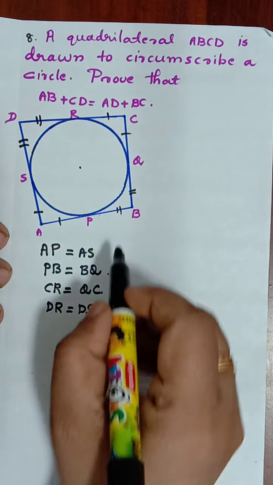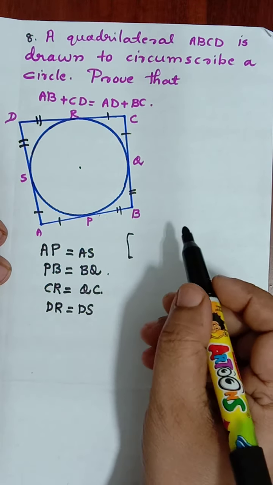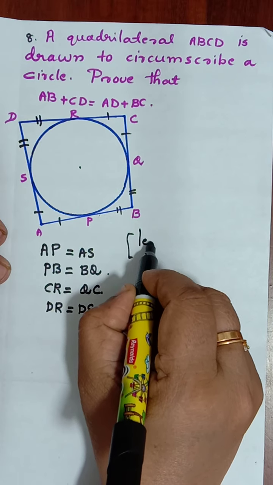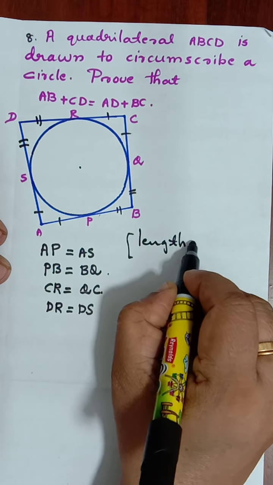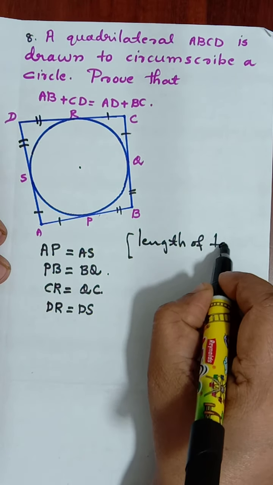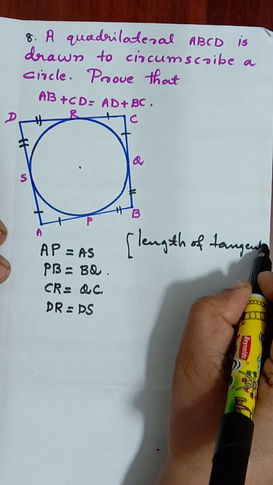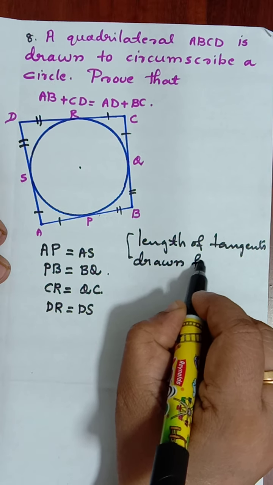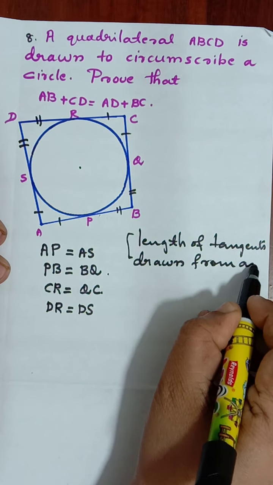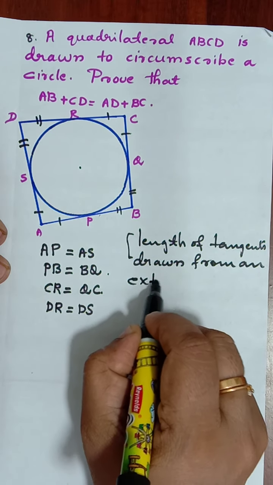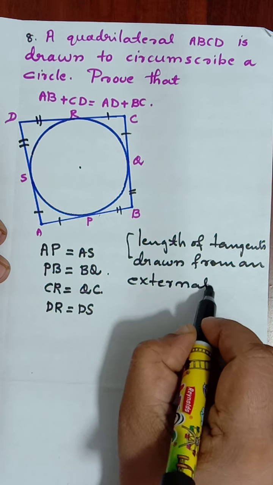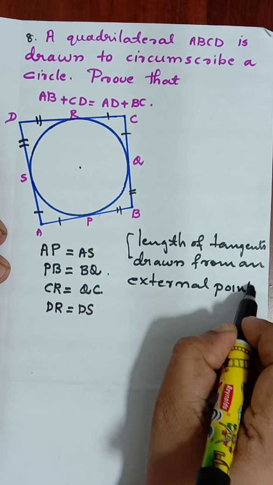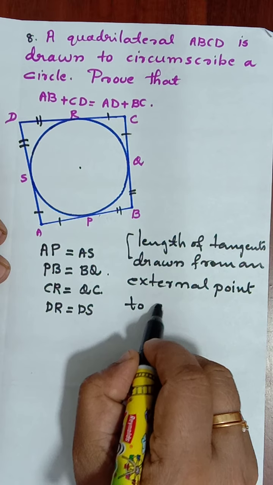Now all these four cases have the same reason. What is the reason? We have to write that theorem statement: the lengths of tangents drawn from an external point to a circle are equal.